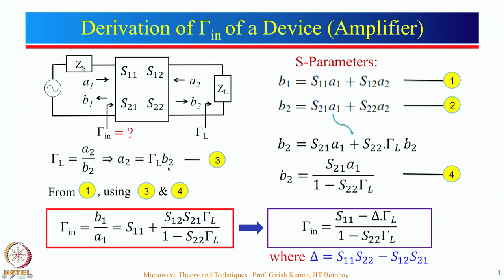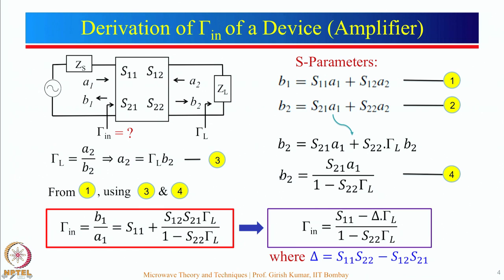So, we substitute this value of A2 in this equation: B2 is equal to S21 A1 plus S22 times gamma L B2. Now we simplify this for B2. This term will come to this side and then we divide it. So, the B2 expression is given by this equation number 4. Now what do we do?